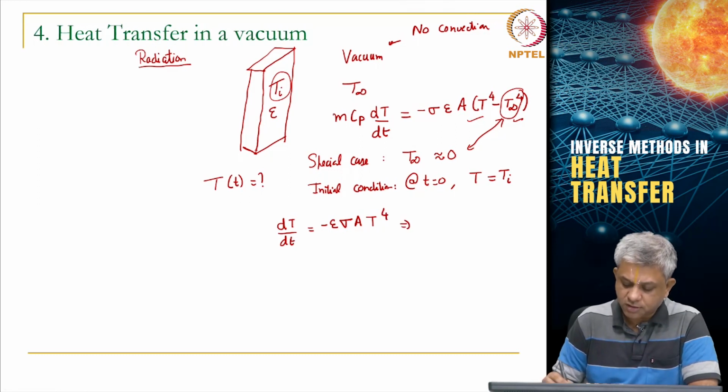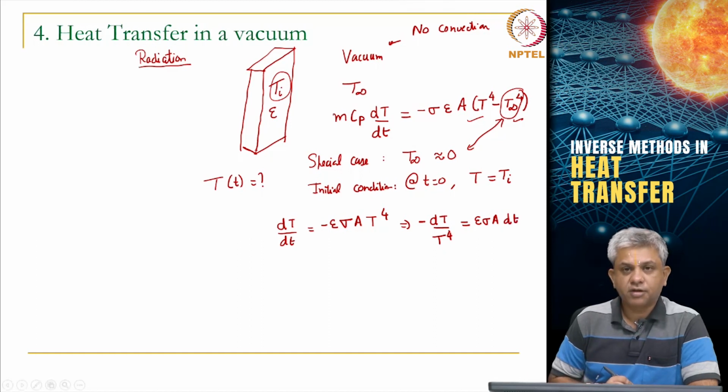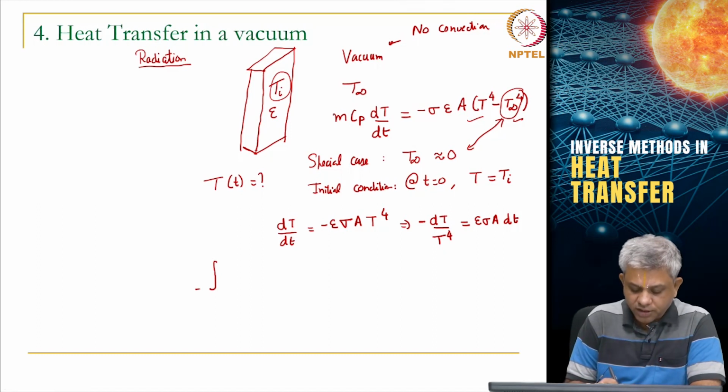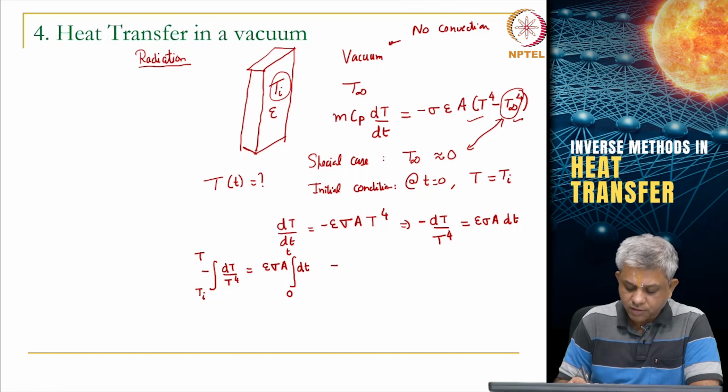So, this gives us minus dT by T power 4 equal to epsilon sigma A dt. Once again we integrate, from the initial temperature where we started to the current temperature, minus dT by T power 4 equal to epsilon sigma A times the integral from t equal to 0 to the final time of dt.